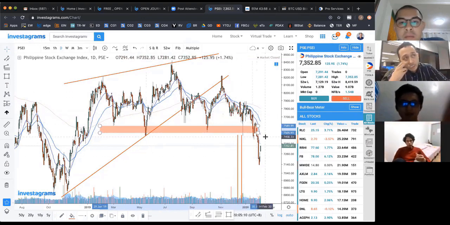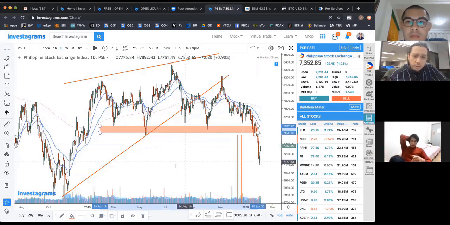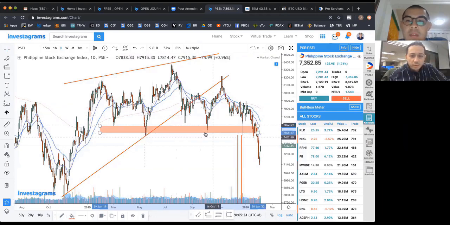In Open Journal, we've always thought that breakdowns or even breakouts happen on the third test of the pivot. So you have your first test of that support, second test of that support, and then a third test over here, which we thought prices would break down.